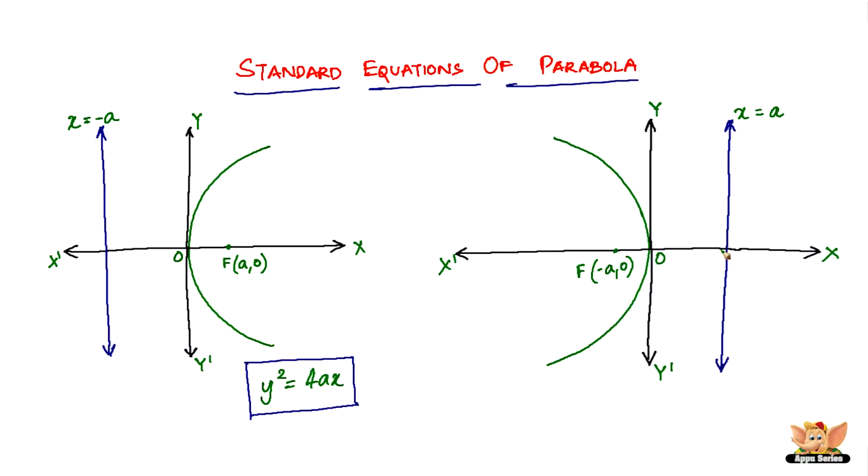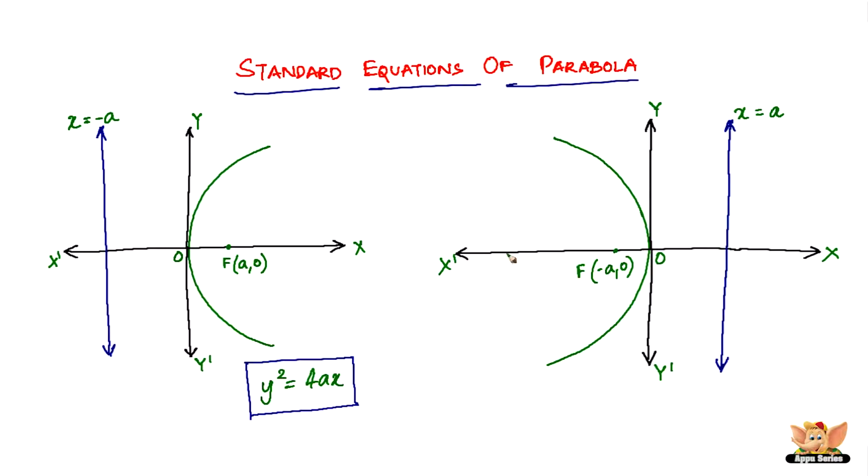Alright, here we are with the second way a parabola can exist. The curve exists on the left side of the y-axis, or in the negative direction of the x-axis. In this case, the focus F has coordinates minus a comma 0, and again the parabola's vertex lies exactly on the origin.